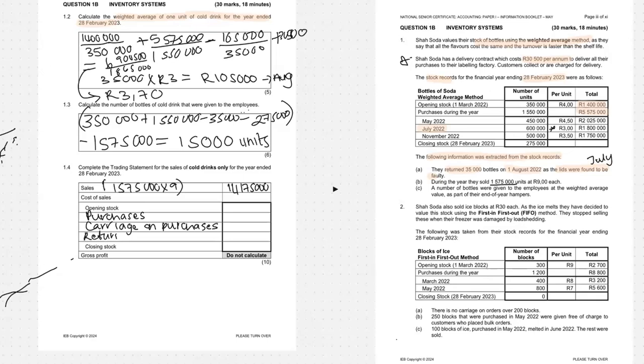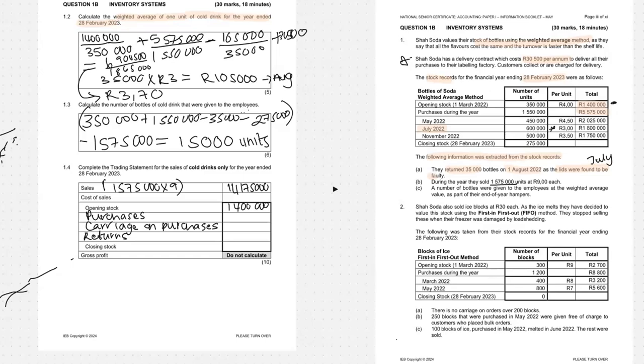So let's start with our opening stock. Our opening stock has been given as 1.4 million, so we just write down 1,400,000. Then we get to our purchases. We purchased goods worth 5,575,000.